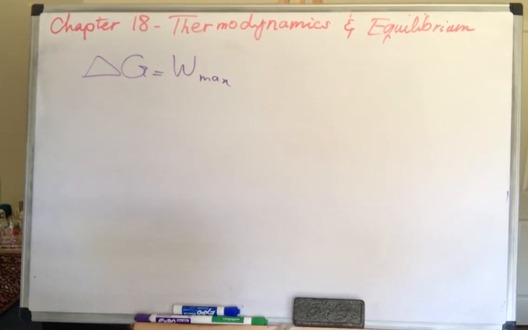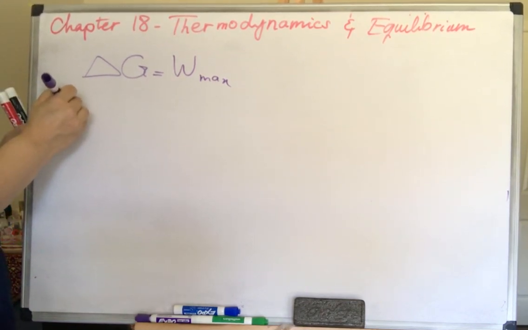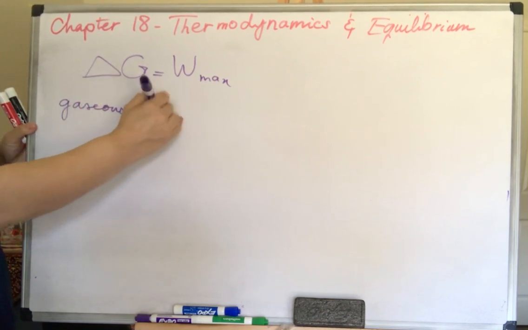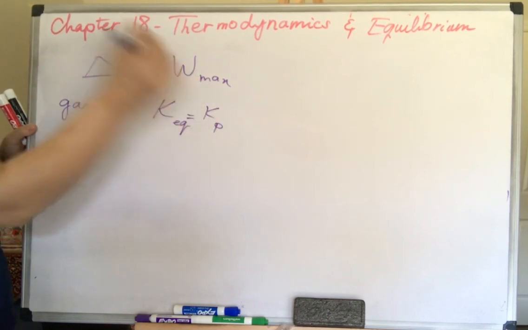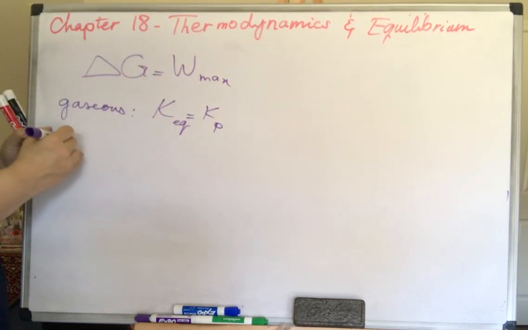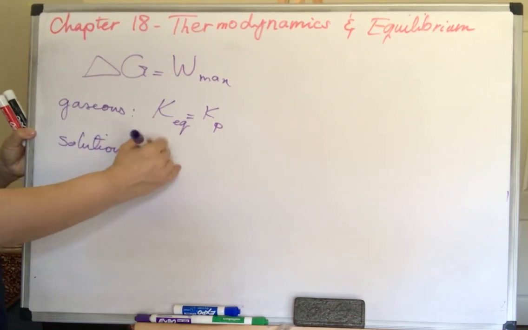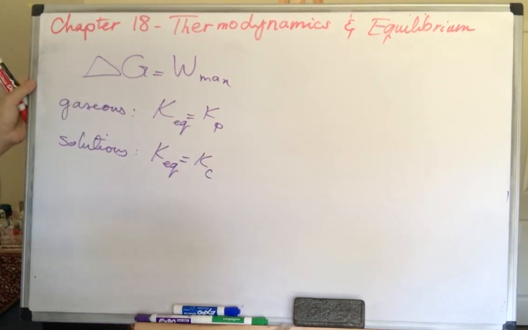Now let's relate this delta G to the equilibrium constant. You remember when you had just gaseous compounds, K equilibrium, we call it Kp, right? And when we had solutions, K equilibrium was Kc, right?